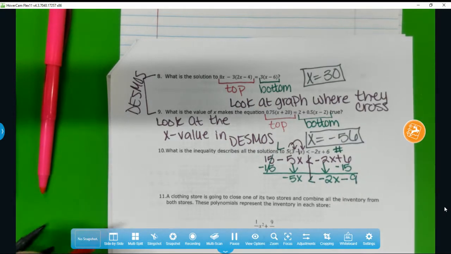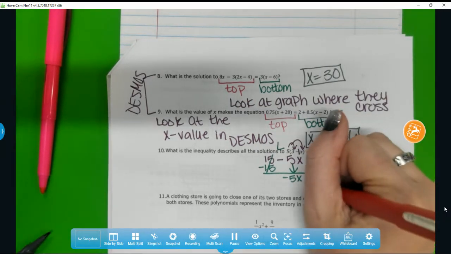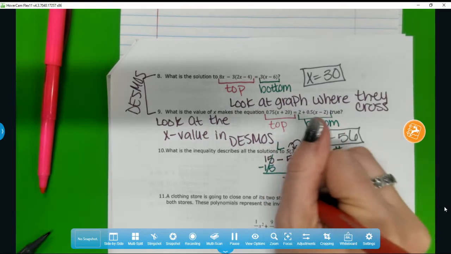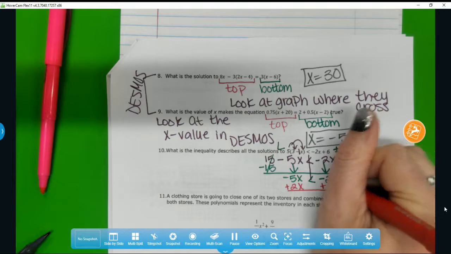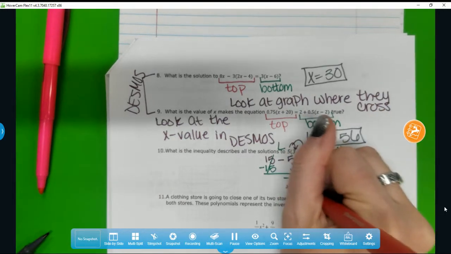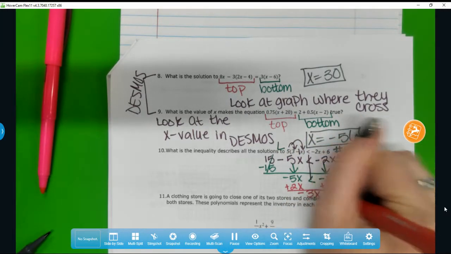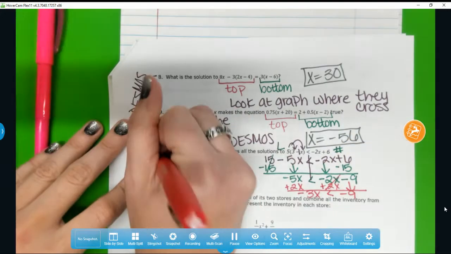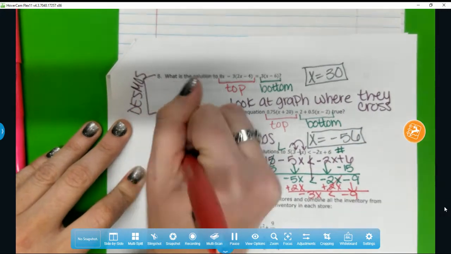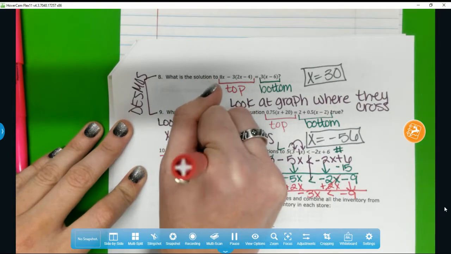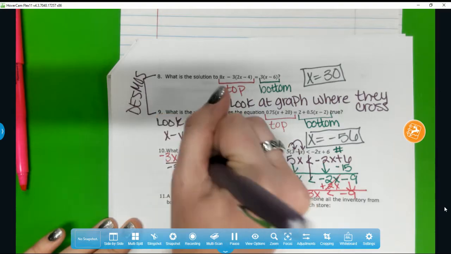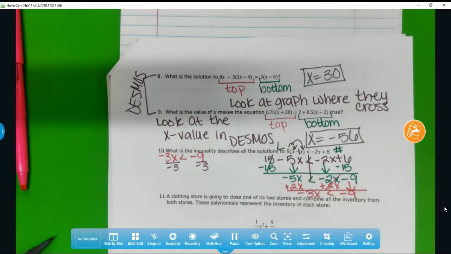Okay, now I'm going to move my letter to the left, so plus 2x. Okay, so I have negative 3x is less than negative 9. All right, so I'm going to write it over here so there's more room. All right, the last step, we're going to divide by negative 3.